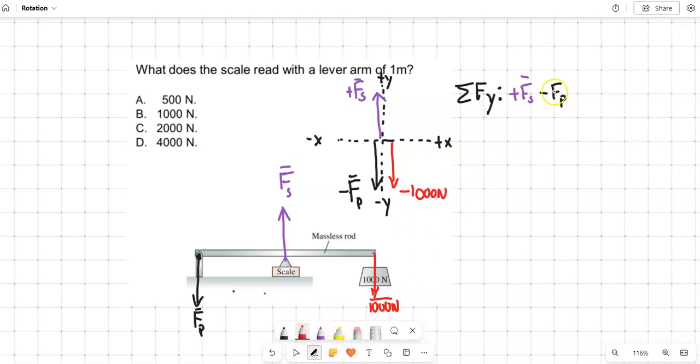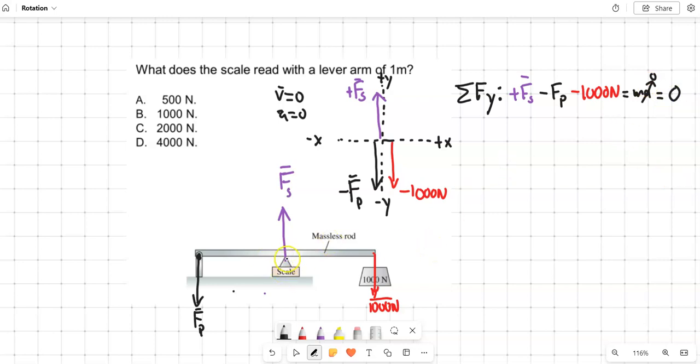And then I'm going to do the 1,000 Newton force, the weight here. I'm going to set this equal to mass times acceleration. But since it's in a static state where the velocity is 0 and the acceleration is equal to 0, we could say that this is all going to be equal to 0. Okay?